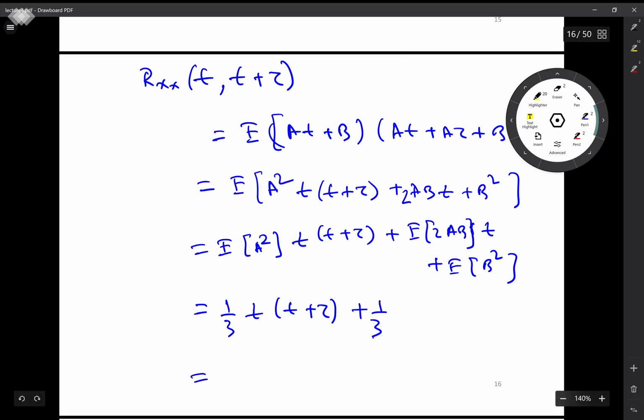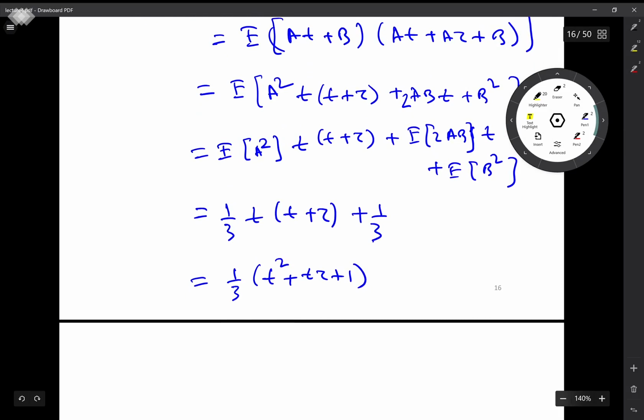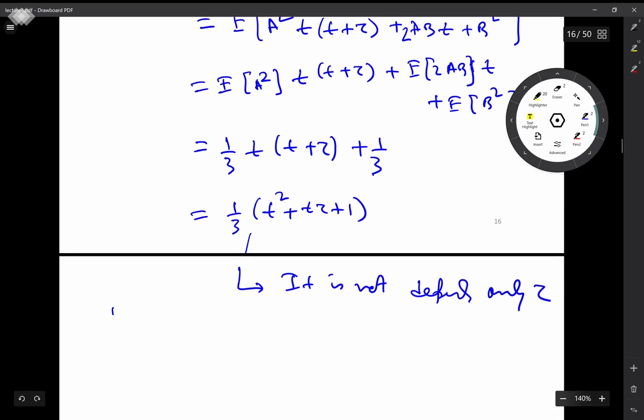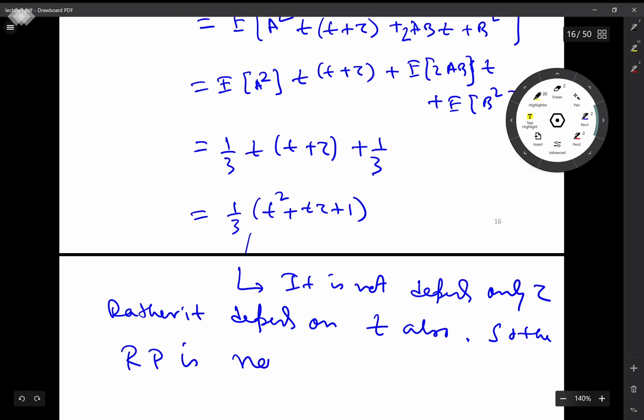So this equals 1/3 (t² + tτ) plus 1/3. Clearly it is not a function of τ only; rather it depends on t also. So the random process is not WSS.